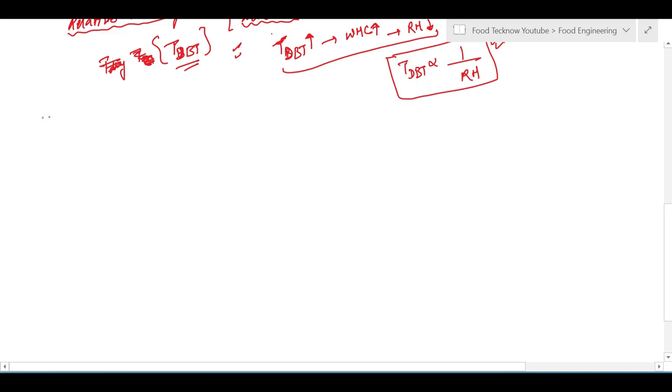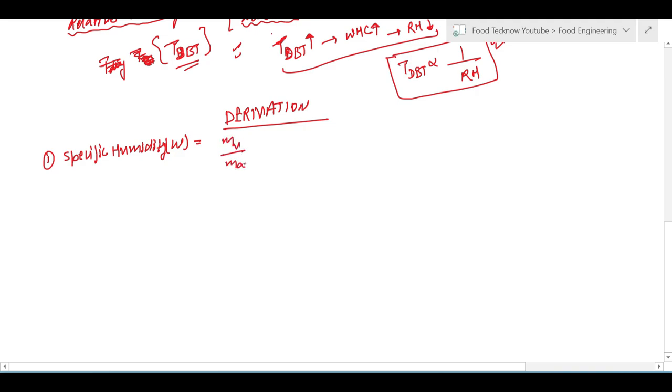For the derivation of the formulas, first, for the specific humidity, it is the mass of water vapor, that is mv, divided by the mass of the dry air, that is written as ma.